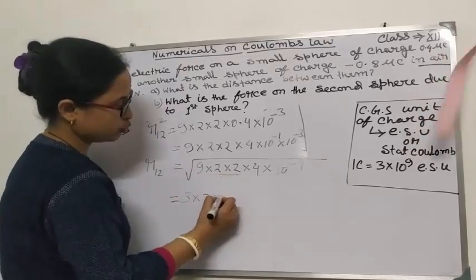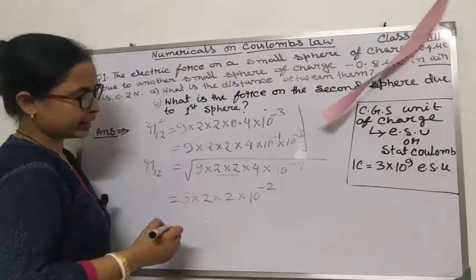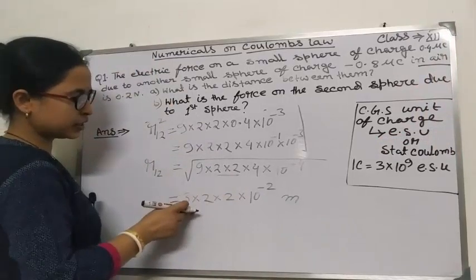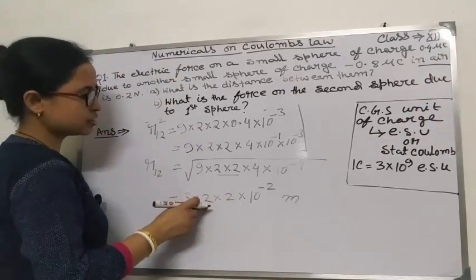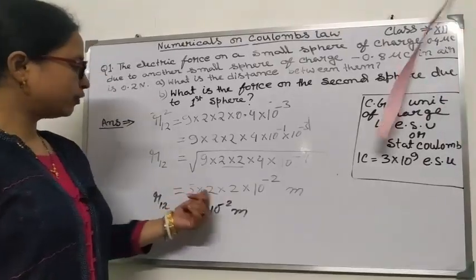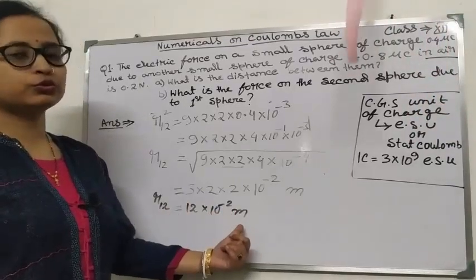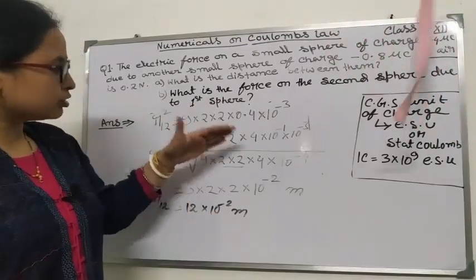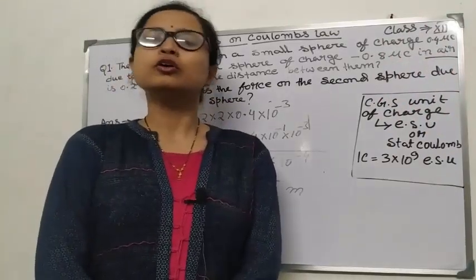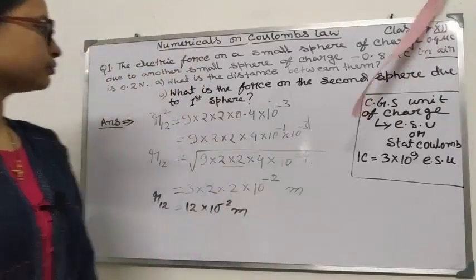For 4, 2 again, and it will be 10 to the power minus 2, like this, and it is given in meter. Now it is very simple, just multiply it. 3 twos are 6, 6 twos are 12, like this you have to do. So if we multiply this, we will get 12 into 10 to the power minus 2 meter. If you do such kind of numerical like this, the calculation part will also be easy for you. So you can take a screenshot of this.